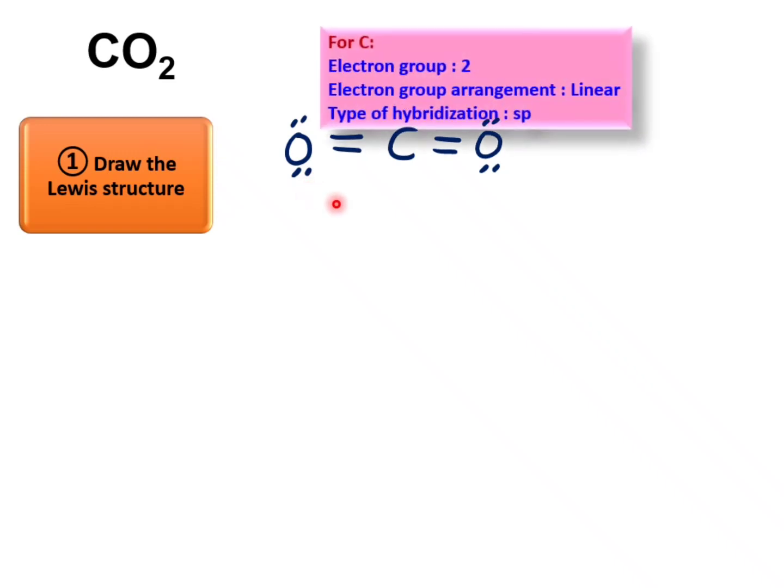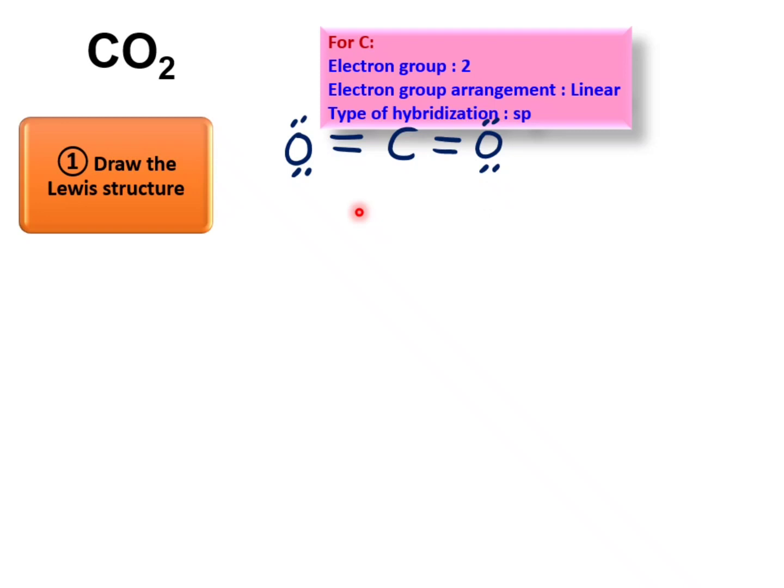Okay, we identify first for the carbon atom. For carbon, we know the electron groups are 2, because we have 2 double bonds at the carbon here. So 2 electron groups, the arrangement is linear and the type of hybridization is sp.